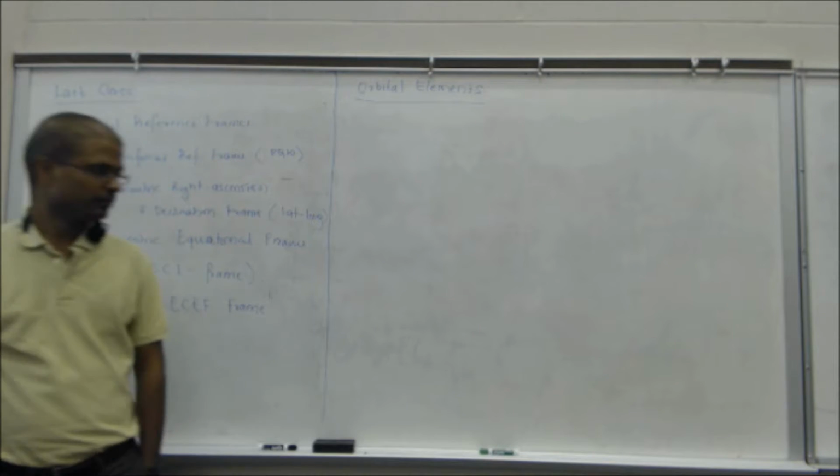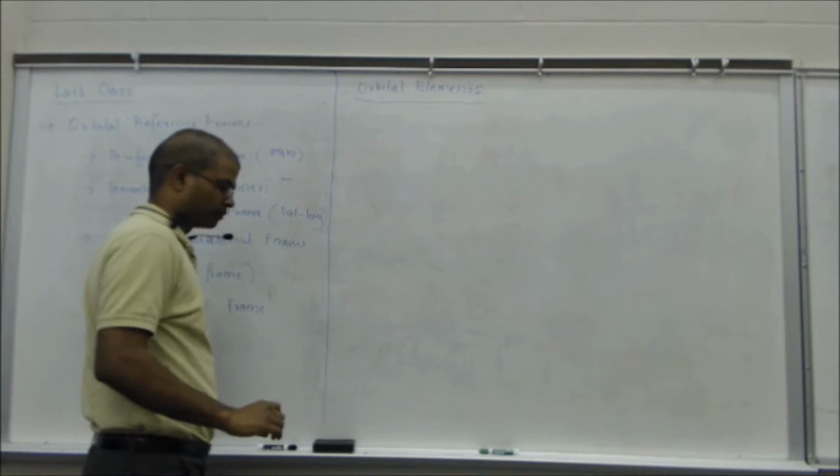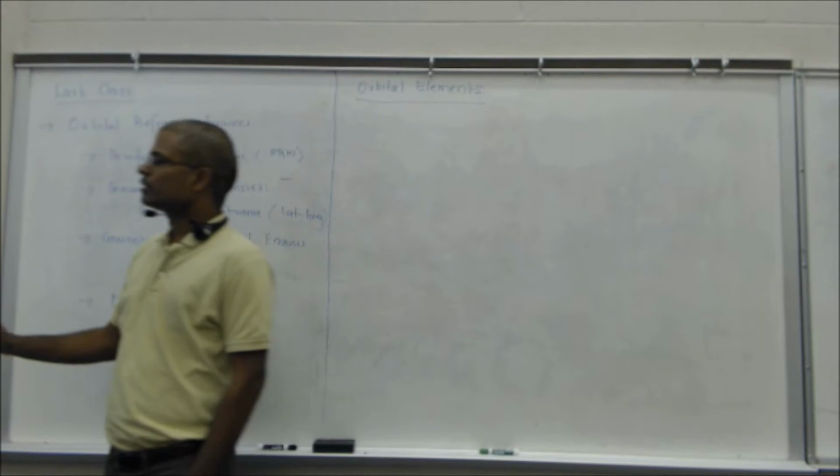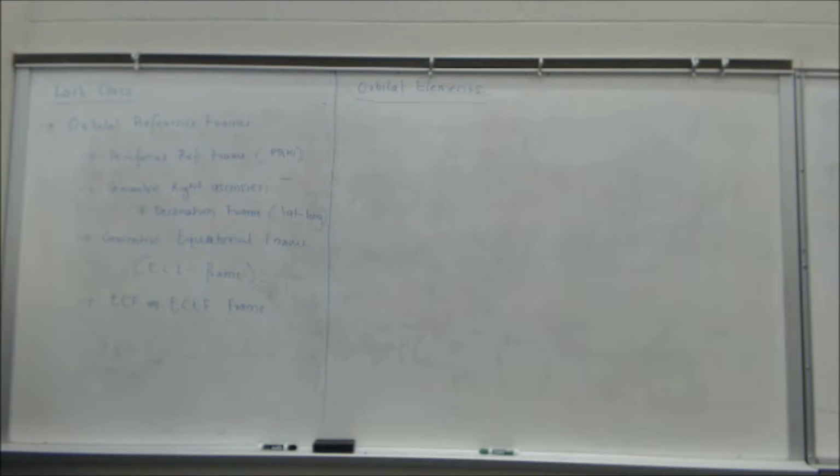Okay. So this X, Y, Z is the inertial frame. It does not rotate with Earth. It's a frame which stays there. This frame would just rotate with Earth. Got it?